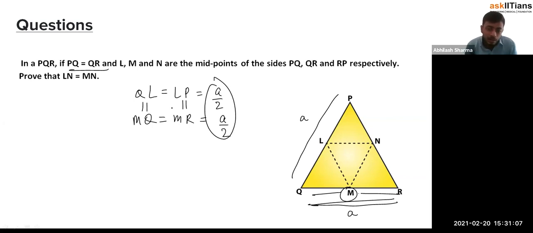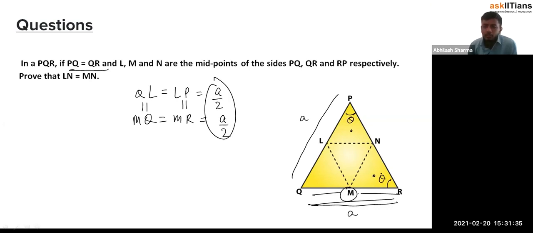Okay. Now, what can we say? We have to prove LN and MN are equal. So let us consider these two triangles. How can we prove that these are congruent? One of the ways can be that since this is an isosceles triangle, if this angle is theta, this will also be theta.